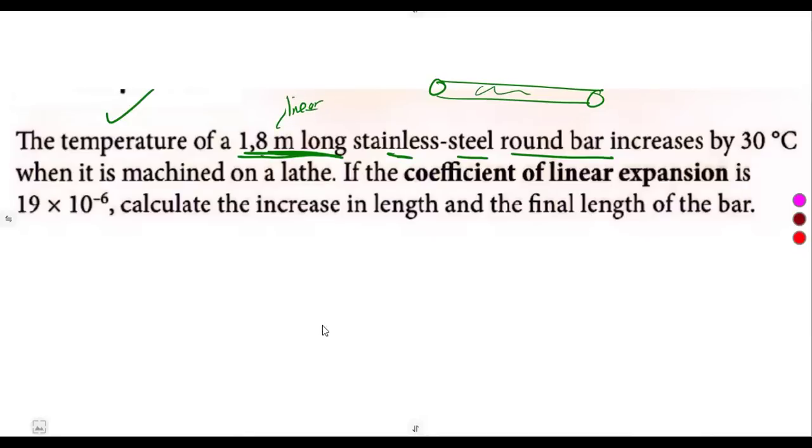The length of the bar is the original length that you're given. But let's see what is happening. They say it increases by.